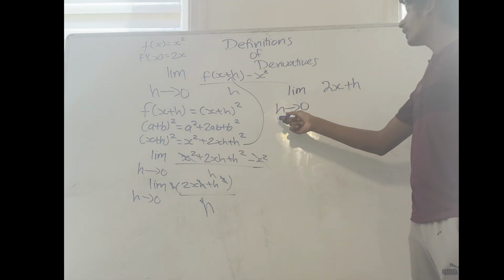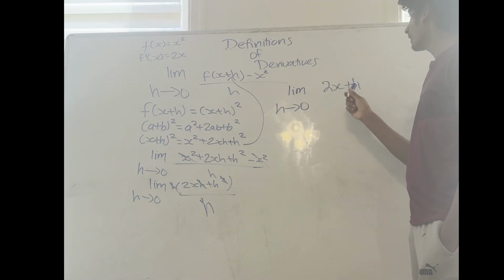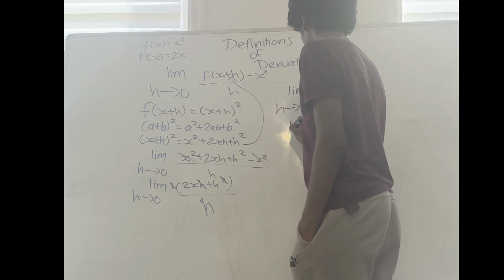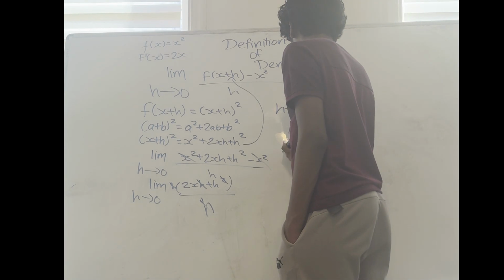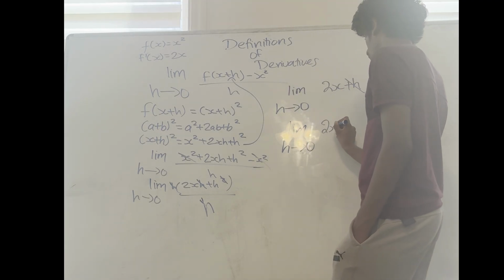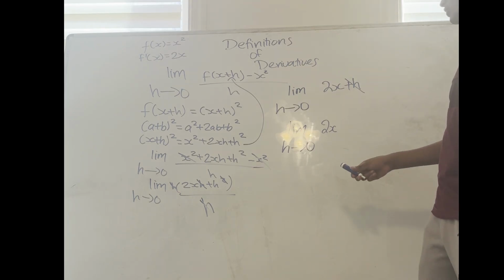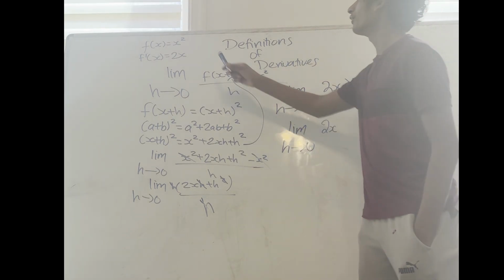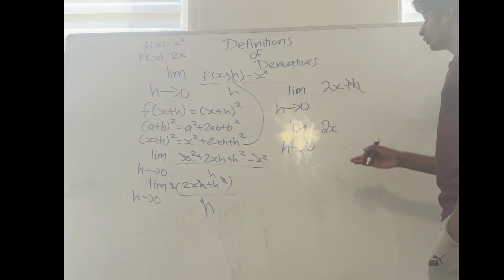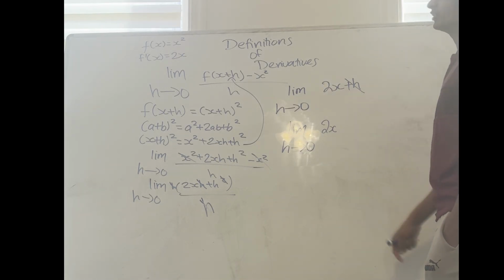Well, as you can see, as h approaches 0, h becomes irrelevant, so we cross that out. So the limit as h approaches 0 is equal to 2x. Now, what do you notice about this? This is the derivative of x squared. And if you plug in any other function, we can get the derivative of it using the definition of a derivative.